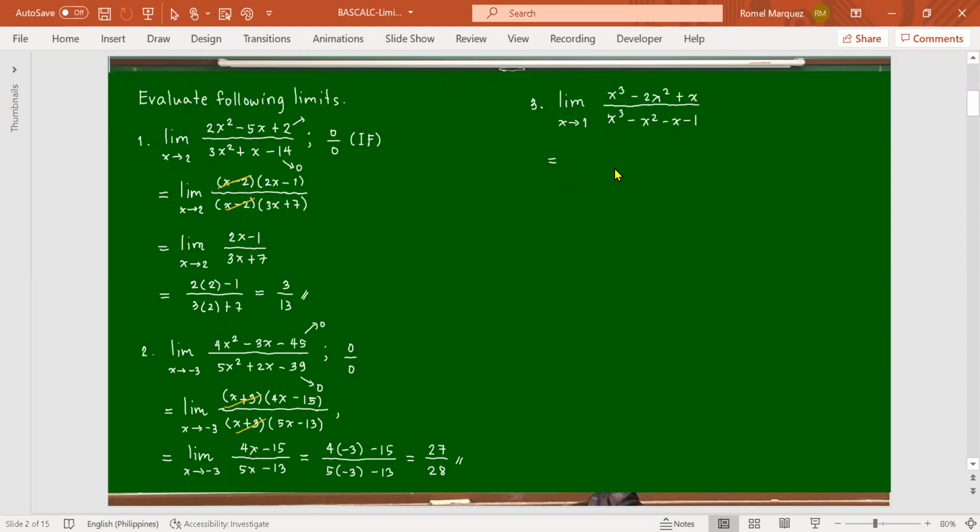The substitution rule can only be applied if the limit of the denominator is not 0, and the limit of the numerator, of course, exists. Pero kahit mag-0, okay lang. Huwag lang yung denominator.